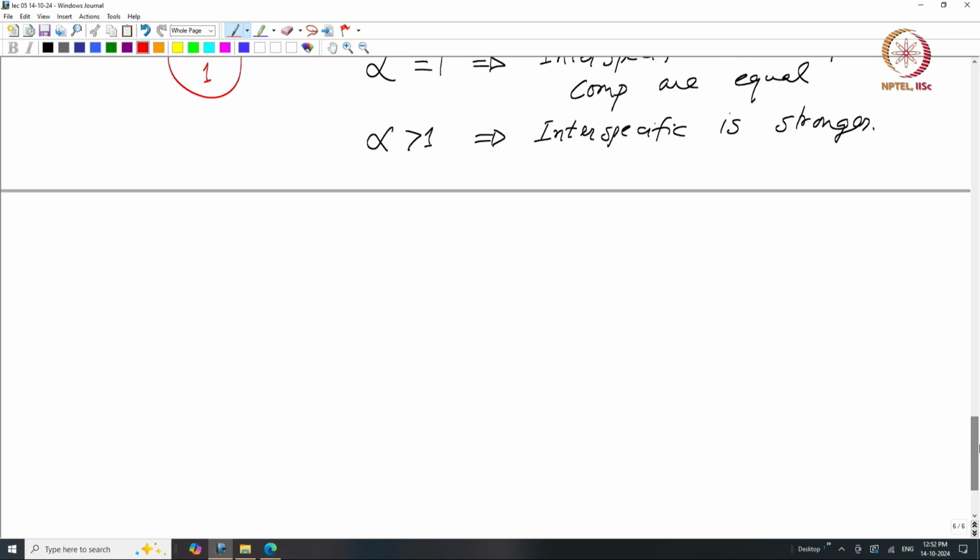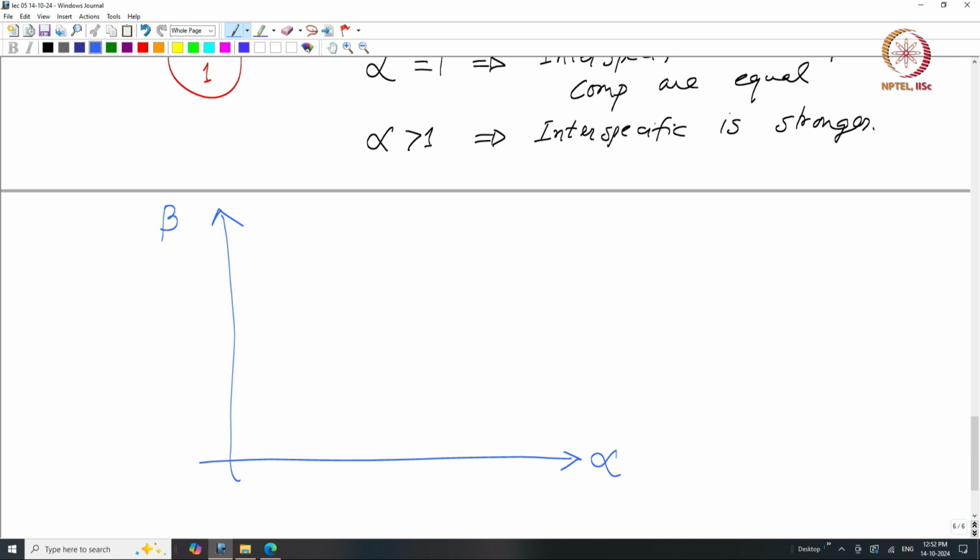We can draw this graph. What I will do is on the y axis I will represent beta, and on the x axis I will represent alpha. I want to clarify that I am not plotting beta as a function of alpha.